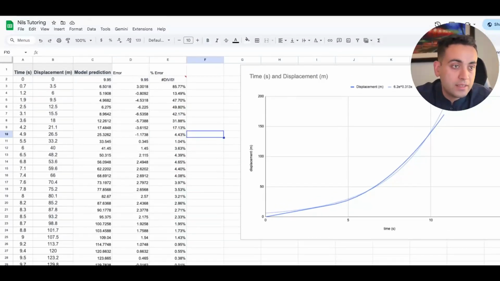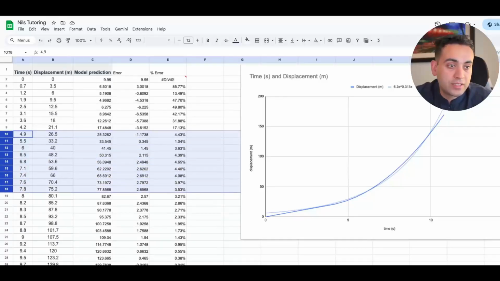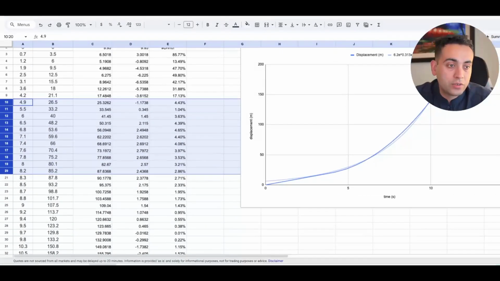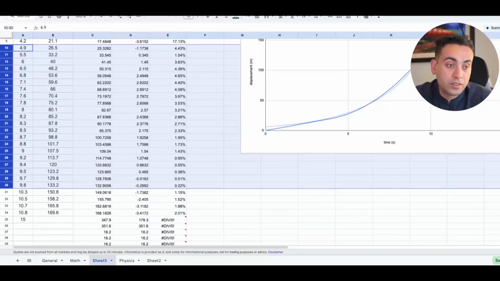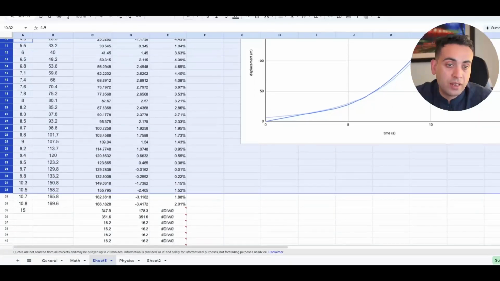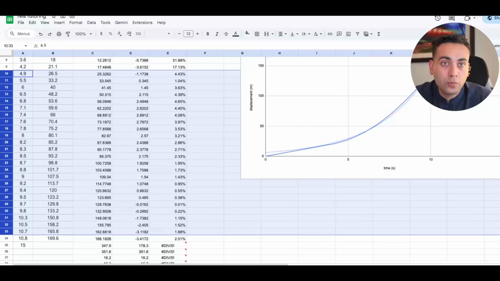Okay, now I can see that there is a data region, you can see all the way from here to, I can go all the way down. That's good. This region is a domain which lies from 4.9 seconds all the way down to 10.7. So roughly between 5 seconds and 11 seconds is a region where the graph agrees with the data more or less.